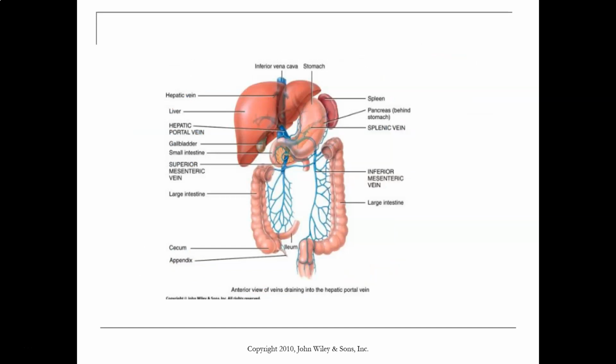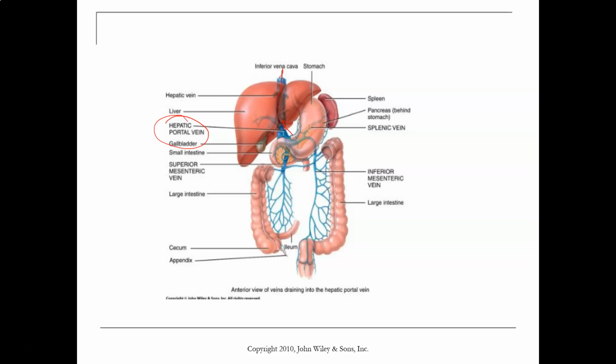Okay, this is rather blurry, I apologize, but I think you can see the main thing I'm trying to show here is the hepatic portal vein. So I wanted to remind you about that from the circulatory system. If you recall, the hepatic portal vein takes blood into the liver, into your sinusoids, where it's going to be processed, and then it's going to leave your liver through the hepatic vein.